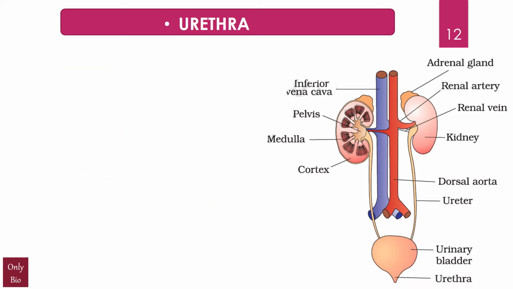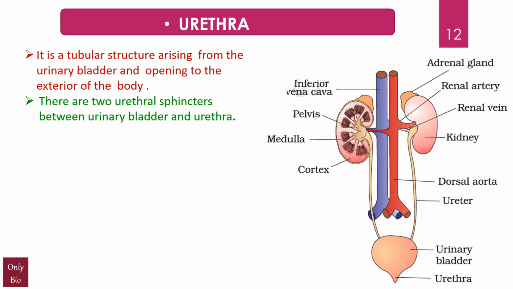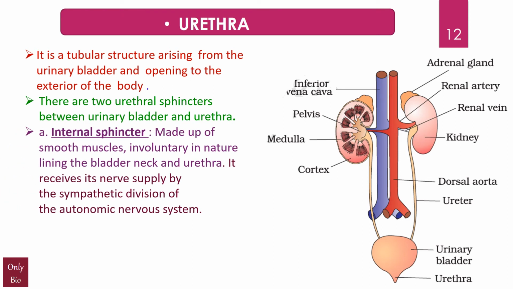Now let's understand something about the urethra. It is a tubular structure arising from the urinary bladder and opening to the exterior of the body. There are two urethral sphincters between the urinary bladder and urethra. First is the internal sphincter, made up of smooth muscles, involuntary in nature, lining the bladder neck and urethra.